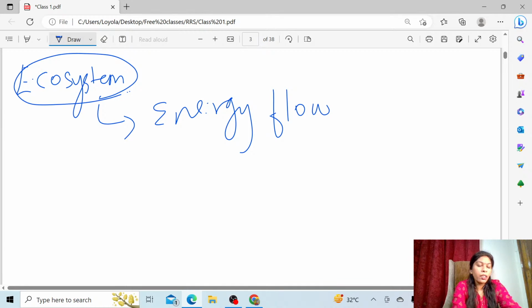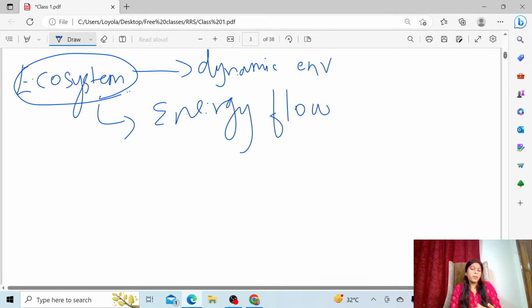We already said that ecosystem is a dynamic environment. So if it is a dynamic environment, then there should be an interaction between the organisms, and this will lead to energy flow. When organisms are interacting among themselves and with their environment, there is a flow of energy. So what are the things which you will be learning under energy flow?